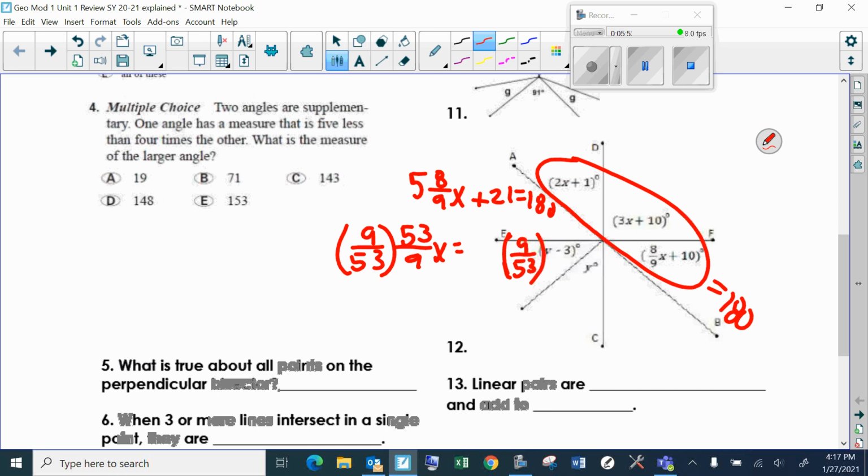I just subtracted 2 first. It's 21, so 159. I knew it was going to come out nicely. 53 goes into 159 3 times, cross-canceling. So x equals 27. Okay, so x equals 27. We have that solved for. Now we need to solve for y.